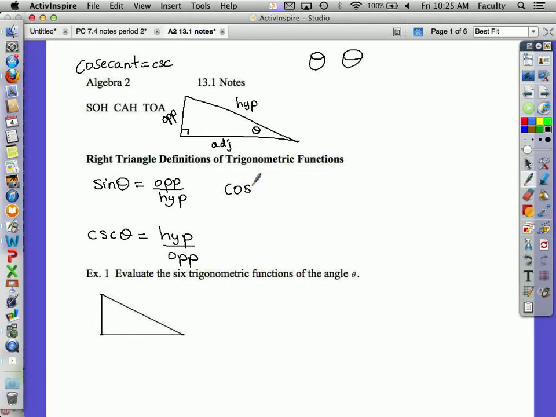Then we have cosine theta. Cosine theta is from SOHCAHTOA, adjacent over hypotenuse. Its reciprocal is secant, and we abbreviate it SEC, and I'm going to spell that. That's secant.